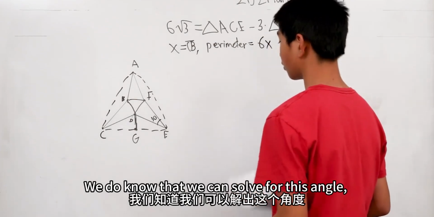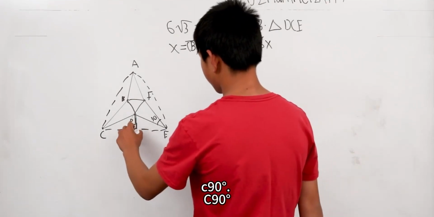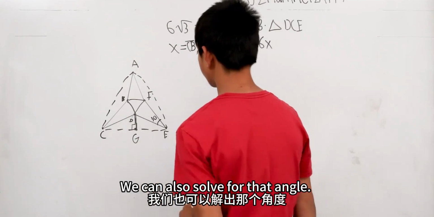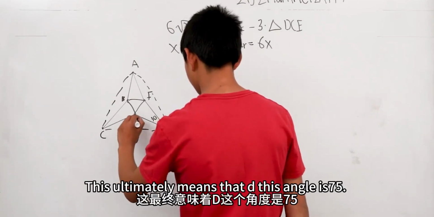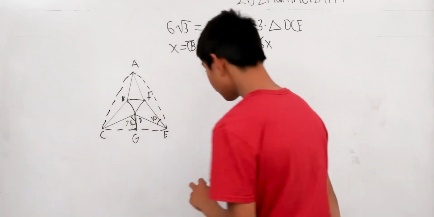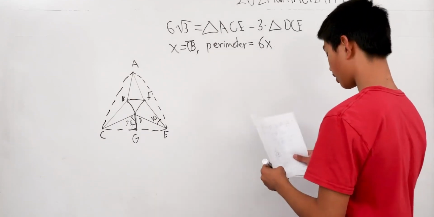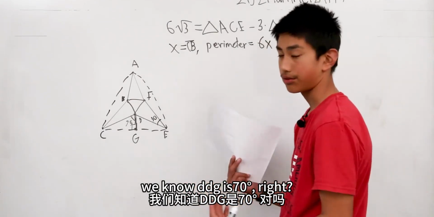Well, we do know that we can solve for this angle C, 90 degrees. We can also solve for that angle. So this ultimately means that this angle is 75. Now, we know that CDG is 75 degrees, right?